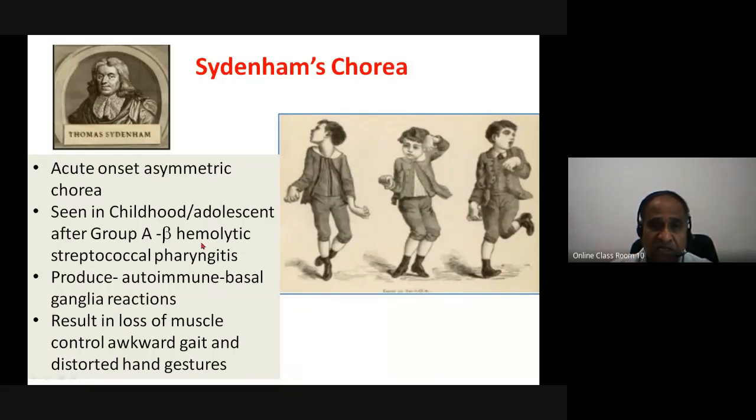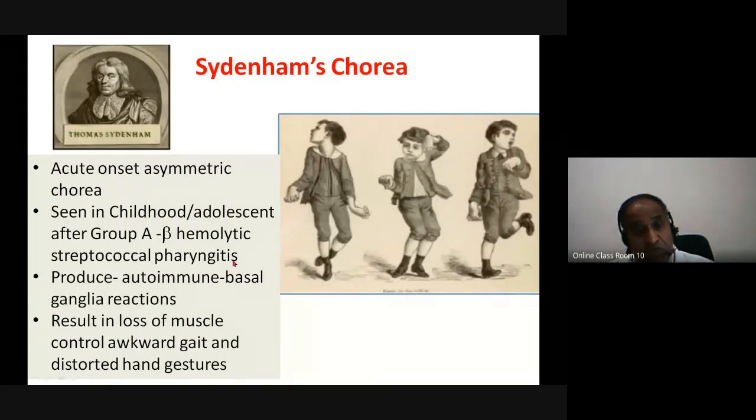Mind you, this beta hemolytic streptococcal pharyngitis also produces other defects in our body. It will alter the valvular functions, with valvular deposits, so they will have incompetencies or mitral valve or aortic valve defects.